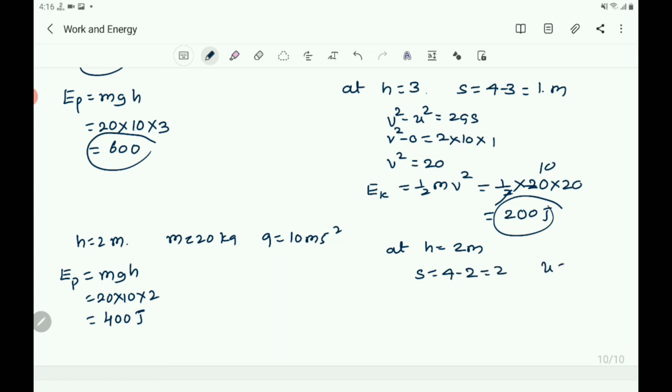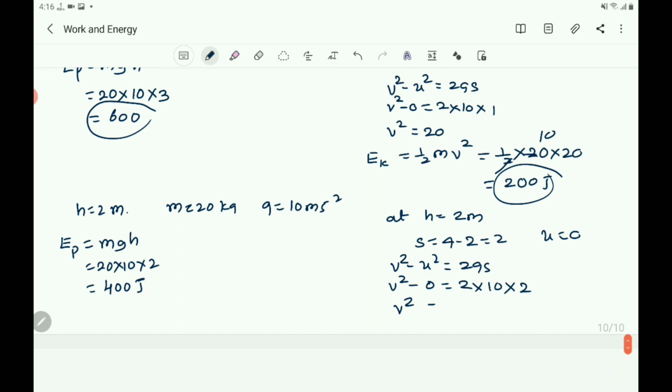So again you can take u equal to 0, that becomes easy for you. v square minus u square equals 2gs, that is v square minus 0 is equal to 2 into 10 into the distance, which is here 2.